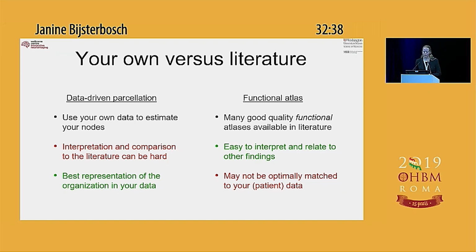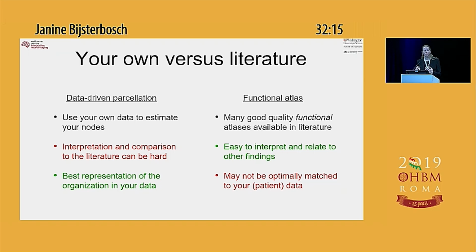So now that I've introduced a few of the different methods that we have available for defining nodes, I want to go over some considerations and some thought processes about what a node should look like, and how you should derive it. And one option is this idea of using either a data-driven parcellation on your own data versus a functional atlas in the literature. And the functional atlases that I mean here, they are data-driven. They are derived from data.